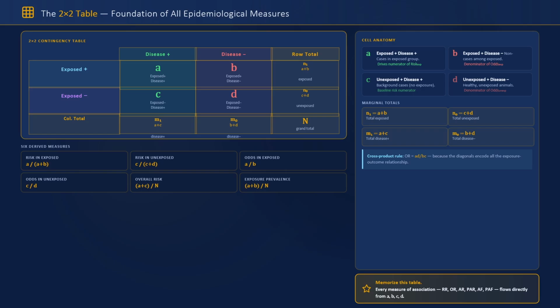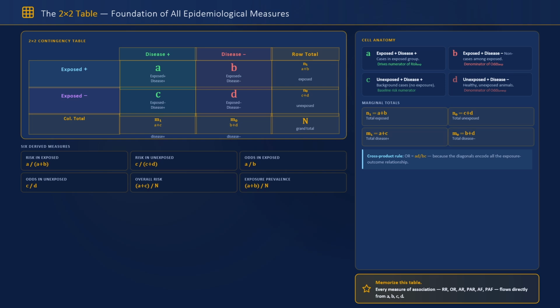Risk in the exposed is A over A plus B. Risk in the unexposed is C over C plus D. Odds in the exposed is A over B. Odds in the unexposed is C over D. Overall risk is A plus C over N, and exposure prevalence is A plus B over N. And the cross product rule: odds ratio equals AD over BC.